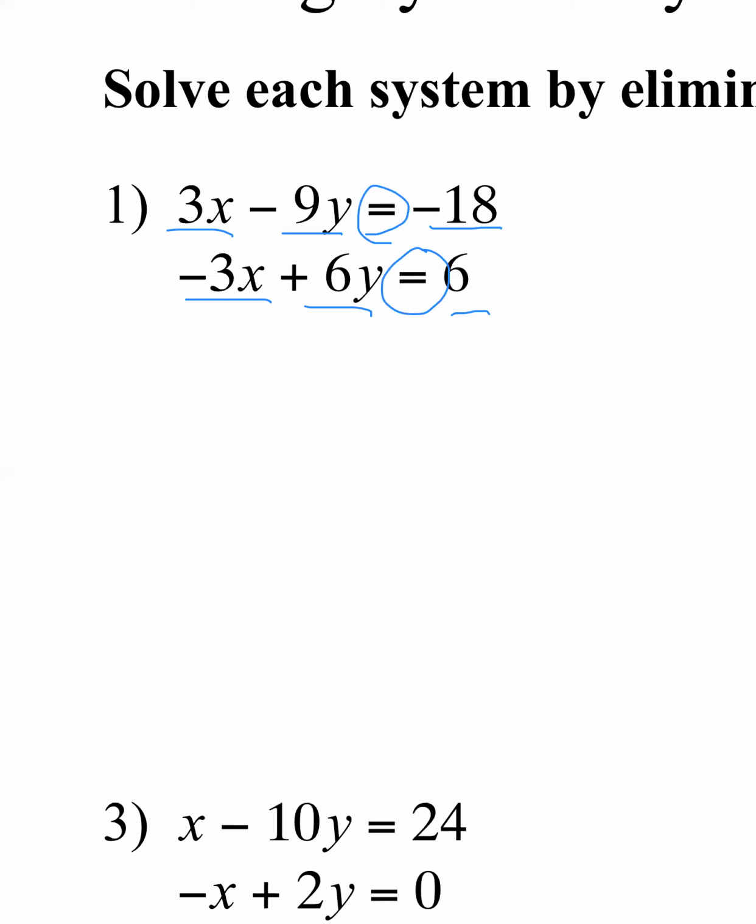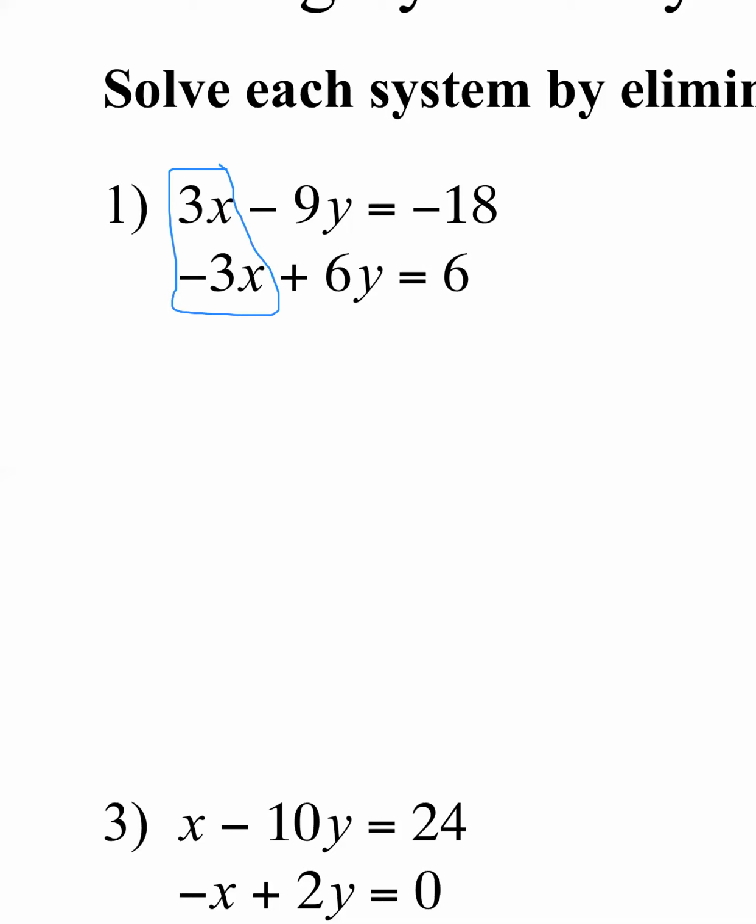Okay, so let's go ahead and erase these. All right, your next step is to look for what I call a pair of opposites. That's looking for either the x or the y terms, and you're going to look in both equations, and you want them to be opposites of each other. Lucky for us, we actually already have that. See how I have a positive 3x here and a negative 3x there?